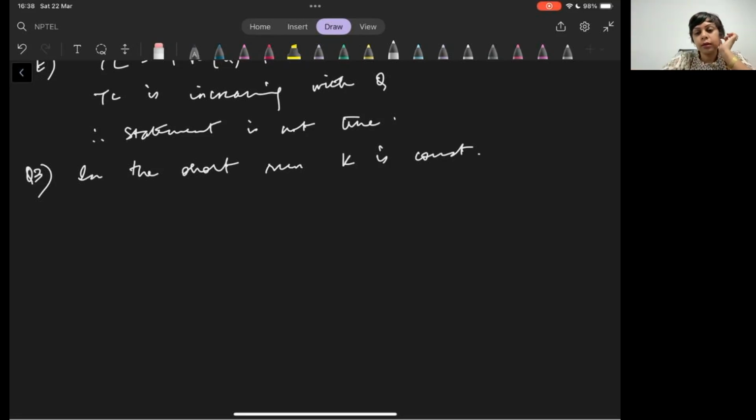So first of all, in this question, you are given four statements. Marginal cost is equal to W into MPL. Marginal cost is equal to W by MPL. Marginal cost is equal to R into MPK, and marginal cost is equal to R upon MPK.